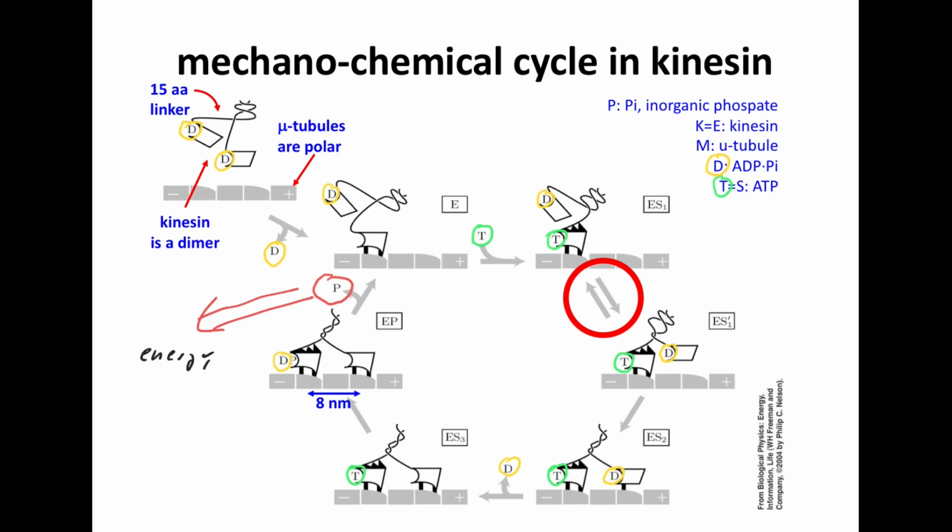In this case, the back foot is ADP loaded and can release from the microtubule, while the front foot is firmly attached to the microtubule. And it's exactly at that moment of the release of the phosphate that energy is released, and the motor applies a force to its load and makes a step forward.